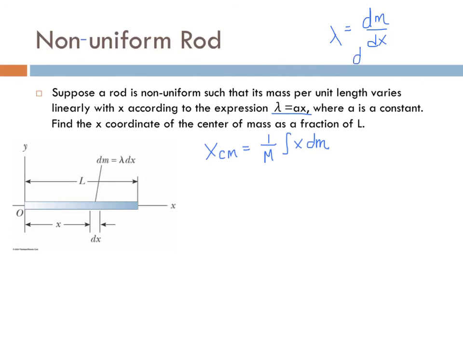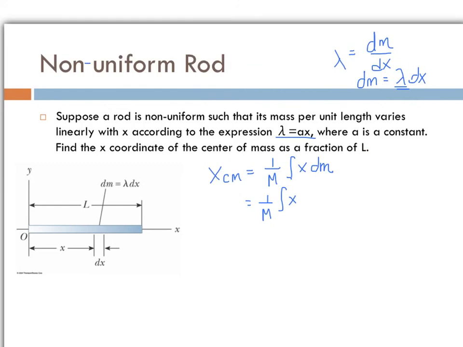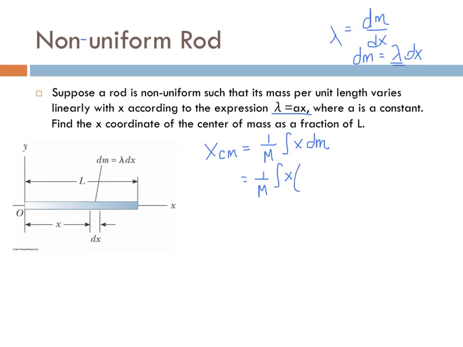So dm is equal to lambda times dx. But in this case, lambda is no longer a constant. So where we see dm, we're going to replace it with lambda dx.